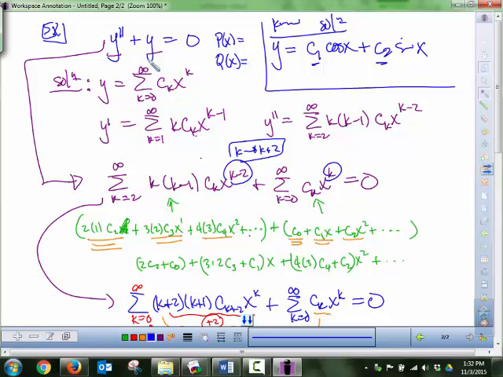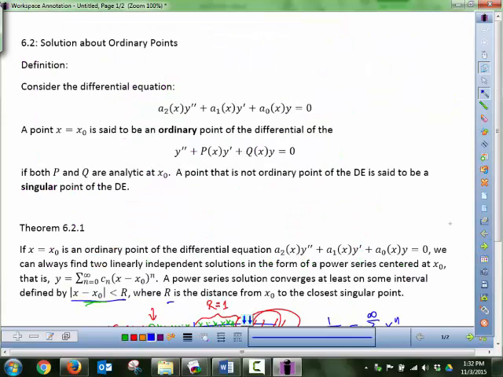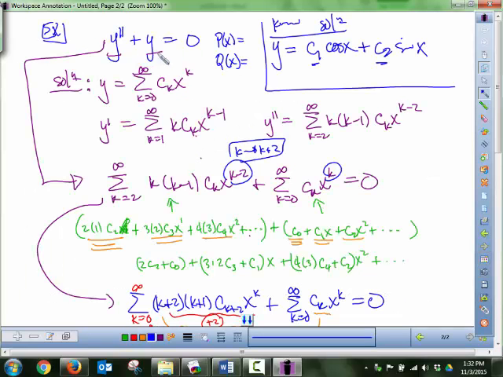Can you tell what P and Q are just by looking at this? The P and Q refers to the function coefficients of the y prime and the y. So what's P in this case? Looks like P is equal to 0. What's Q in this case? 1. So it looks like it's analytic around 0.